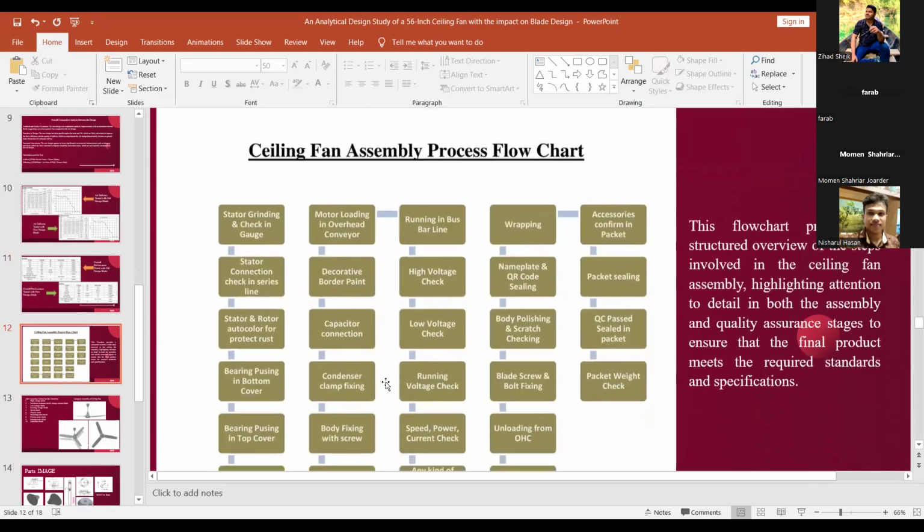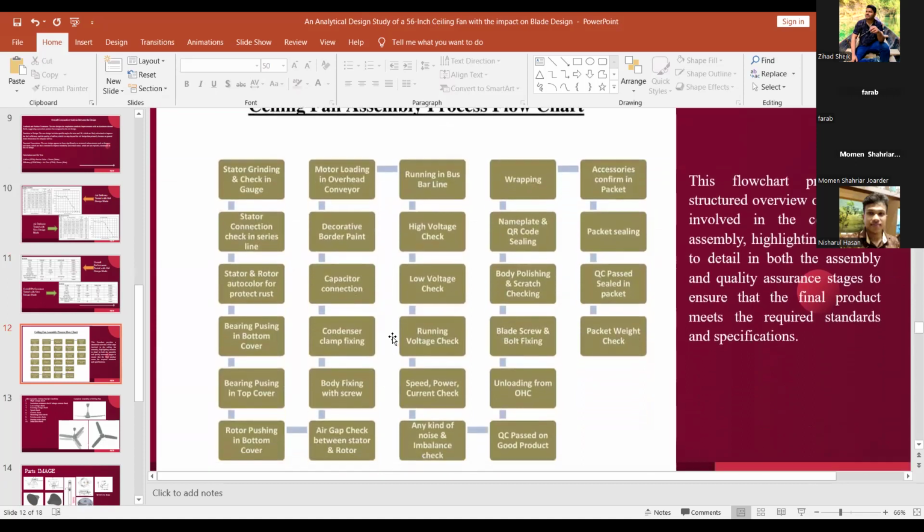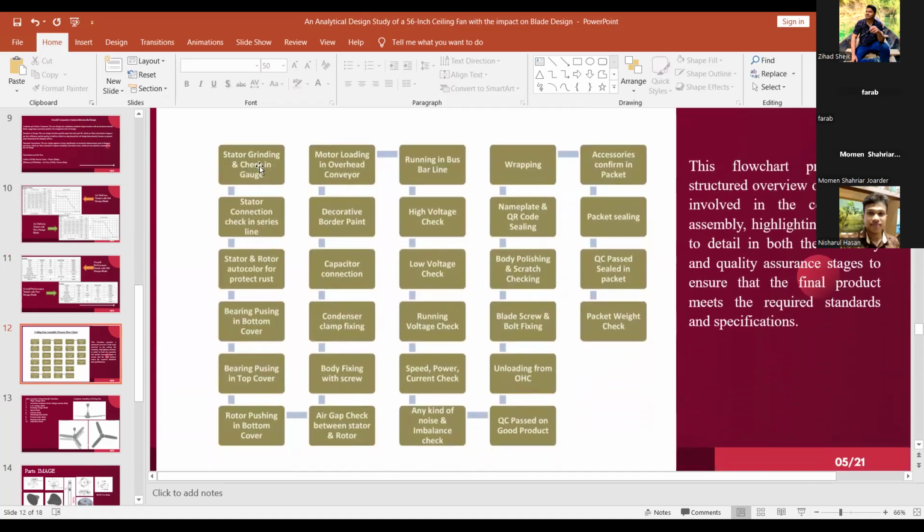So here is the assembly flow chart for the ceiling fan. Starting from the stator winding and checking with a gauge, then the stator connection and checking the series line. After that, the stator and rotor are color-coded for product traceability, and the rotor is pushed into the bottom cover. Then the air gap check between the stator and rotor.